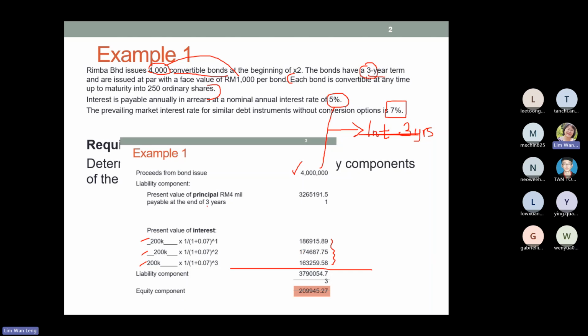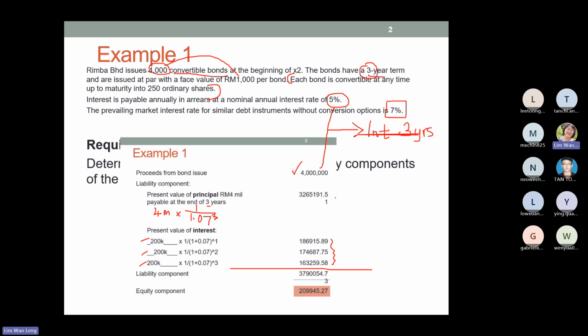And then, of course, at the end of the third year, you're supposed to repay the principal sum. The principal sum is 4 million. So how to get to this particular figure? Basically it is 4 million times 1 over 1.07 to the power of 3.